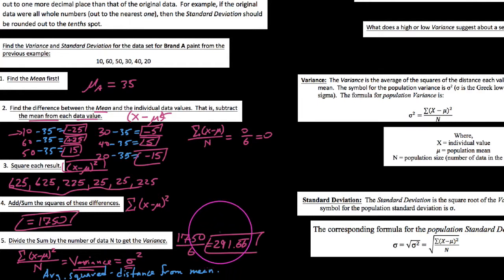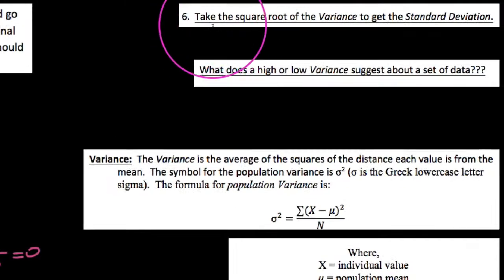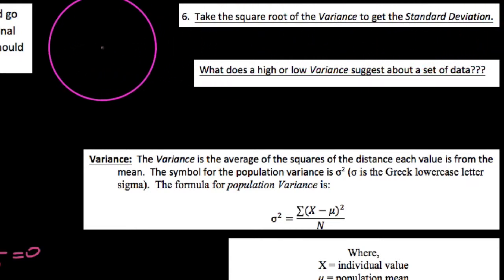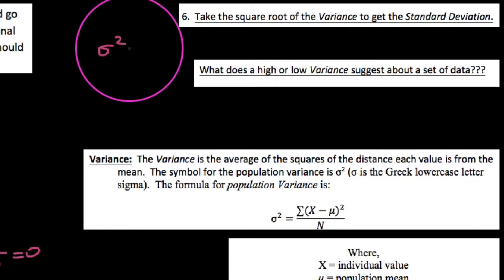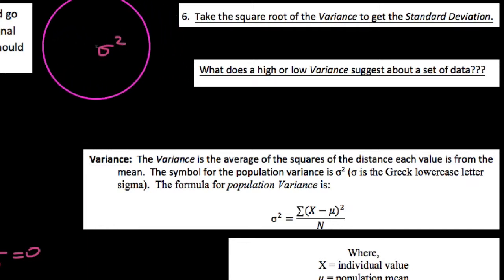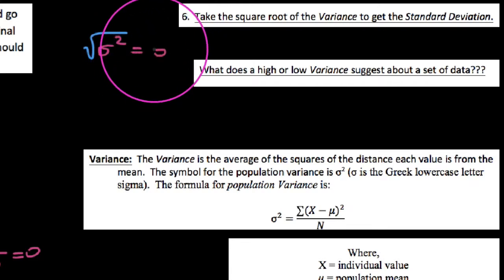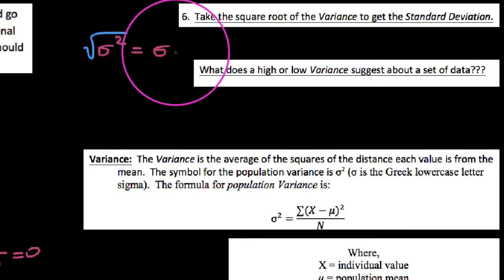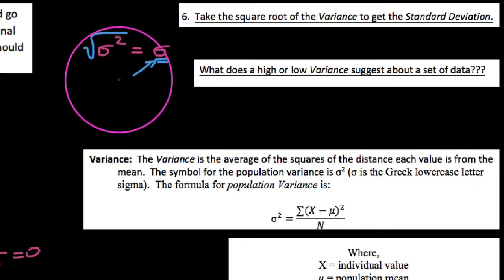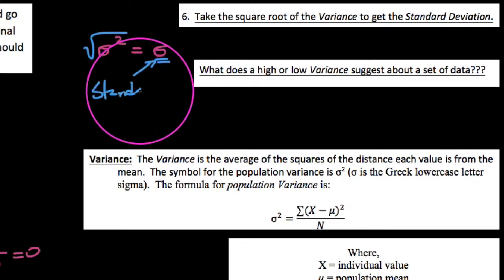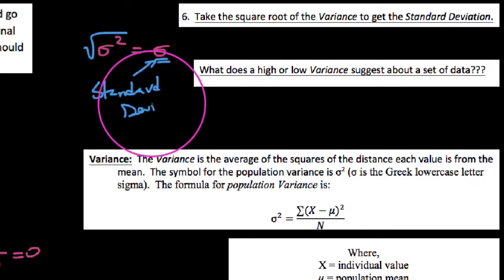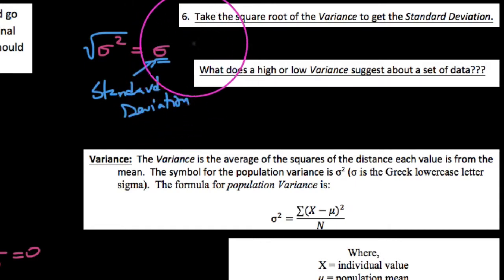Since I don't want squared stuff, I want to take the square root of this. It says take the square root of the variance to get the standard deviation. The variance was given by sigma squared; we take the square root of this to get the standard deviation, because the square root of anything squared is just that thing. This is the symbol for standard deviation, a Greek letter, so it's the standard deviation of a population.